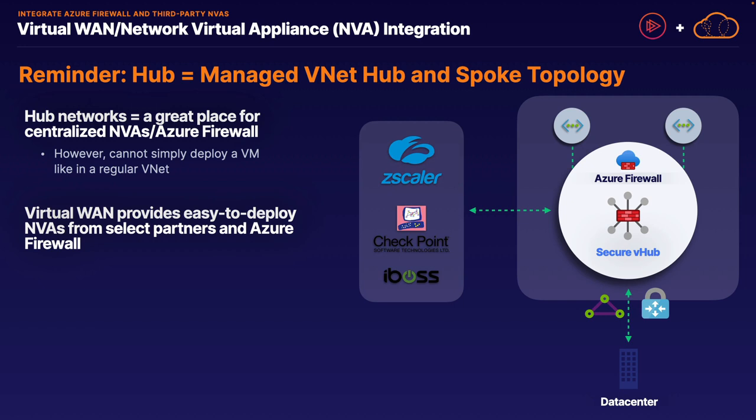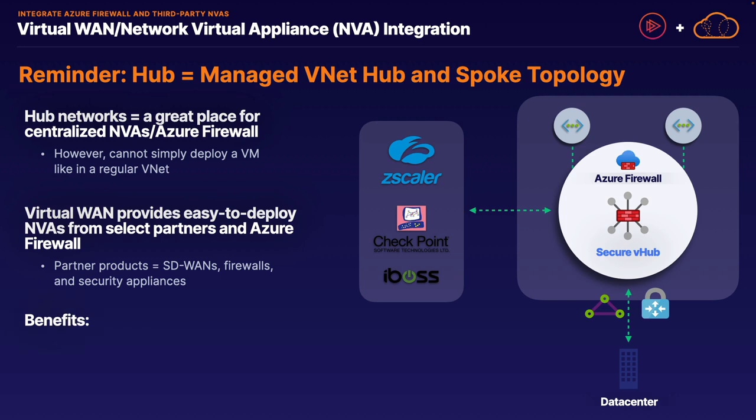Now, as I mentioned, we're talking about both the first-party Azure Firewall product and third-party products. When we're talking about third-party products, we are specifically referring to a select group of partners that Azure has partnered with, of which the two main categories are SD-WAN products that extend your existing SD-WAN implementation, and a few different firewall and security products that have a different interface that can be deployed along the first-party Azure Firewall service.